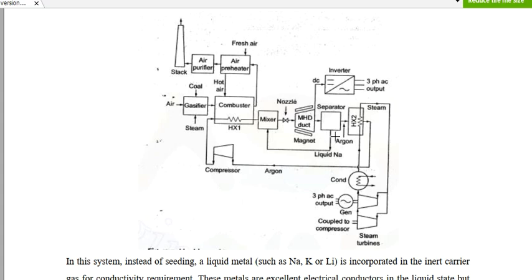Here the only difference is that the liquid metal is removed from the exhaust gases after being used in the MHD generator and used again in the recycle, and the hot inert gas is used to heat the steam in the closed cycle system of a conventional steam turbine system.